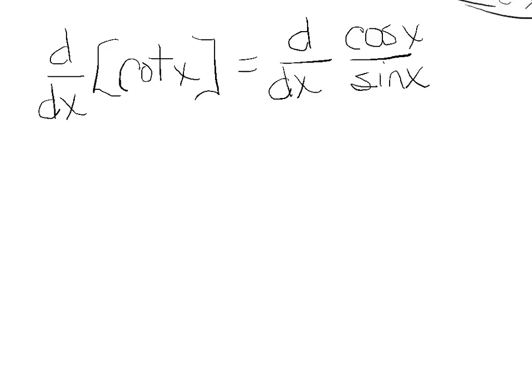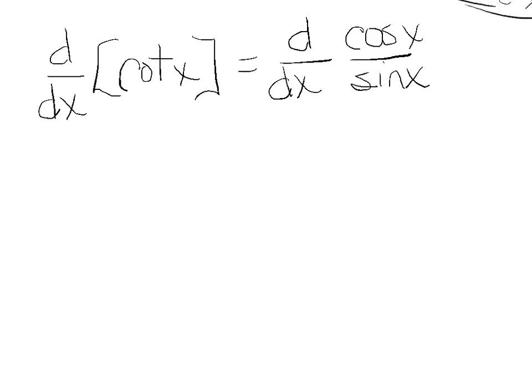Okay, I want you to take a second and see if you can come up with the derivative for the cotangent. You have to factor out a negative on top because you had a negative sine squared minus cosine squared. So if you factor out the negative, you end up with cosine squared plus sine squared over sine squared.